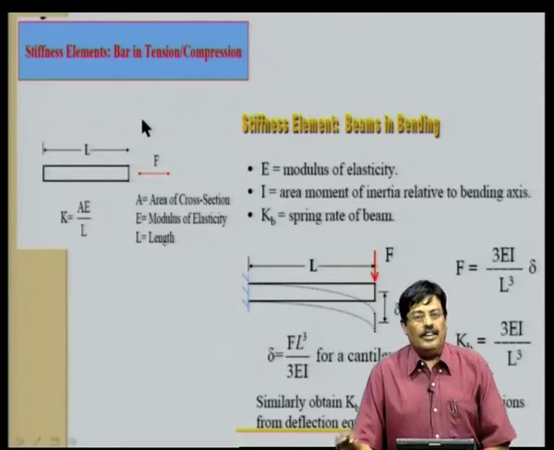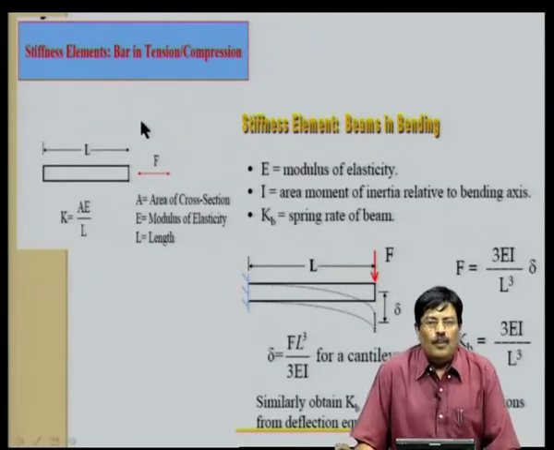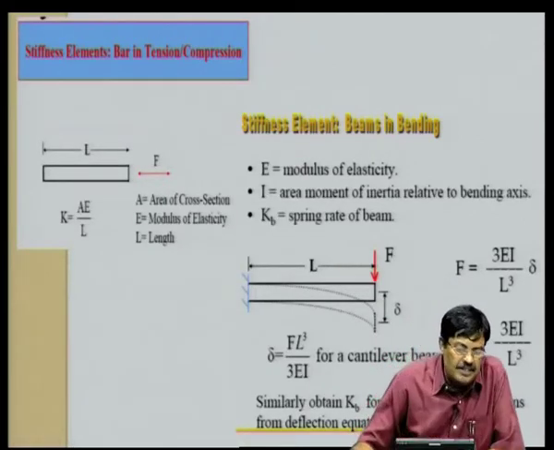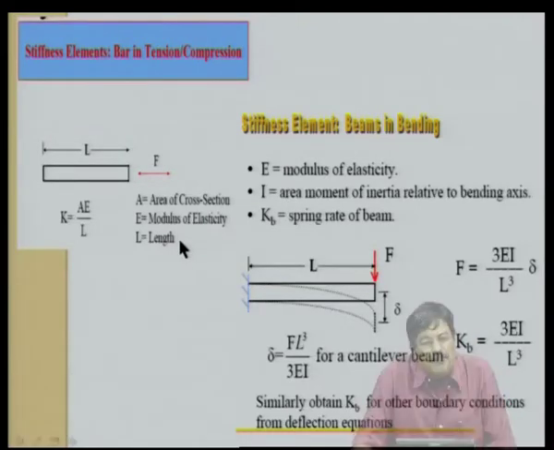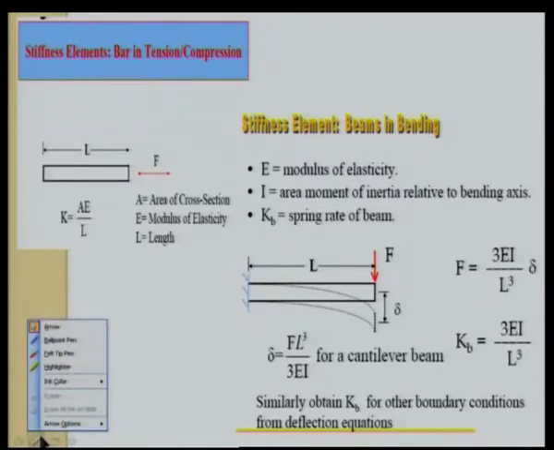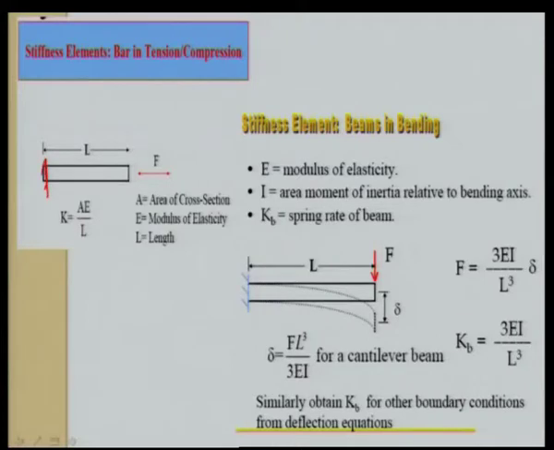So, let us look at how we construct the stiffness elements for simple structures. For example, if we have a rod that is fixed here, let us put a fixity here, then my displacement delta will be PL over AE.